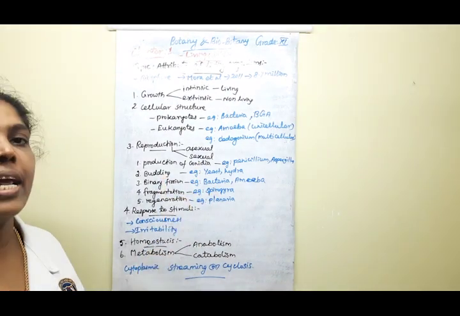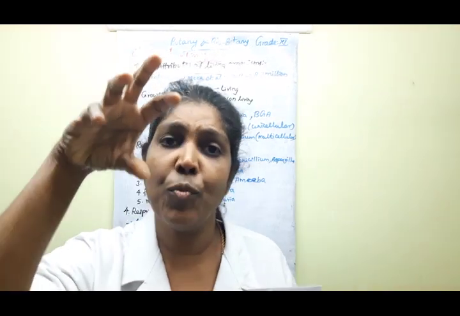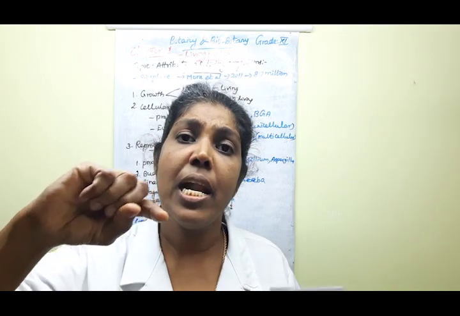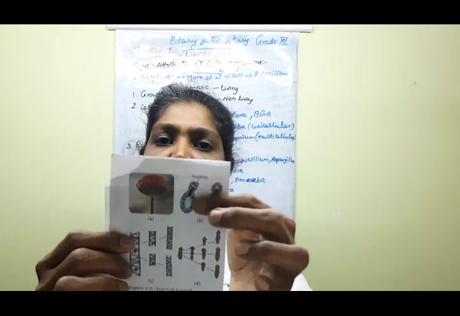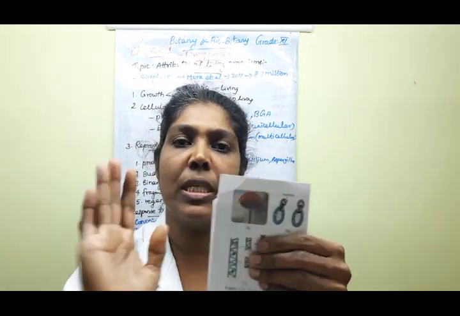Next one, budding. Budding means the mother or parent has an extra projection-like appearance, an outgrowth from the mother plant. It is detached or separated from the mother, and it produces the young one.